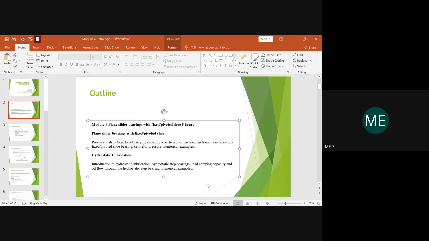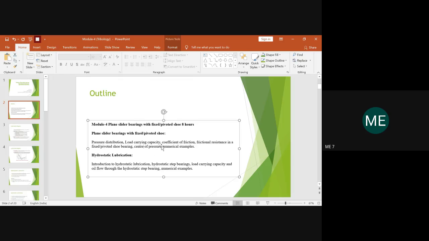After completion of this, we'll go for plain slider bearing. Here also you should analyze how the pressure is distributed, like we did in hydrodynamic. Similarly, you need to calculate the load carrying capacity, the coefficient of friction, and the frictional resistance associated with fixed and pivoted shoe bearings. Then you also need to identify the center of pressure.